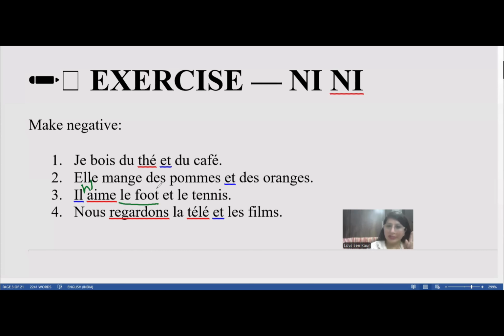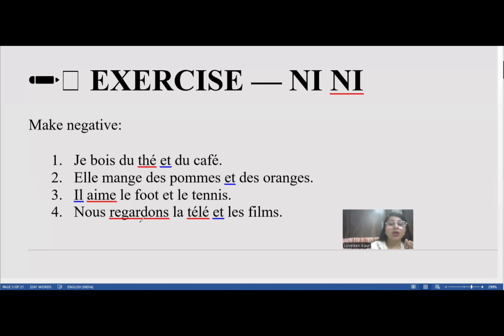Le foot, we'll keep le, but we'll remove this: il n'aime ni le foot, he neither likes football, ni le tennis, nor tennis. Only et we'll remove, right? And we'll put ne and an apostrophe here, and here ni, and here ni.